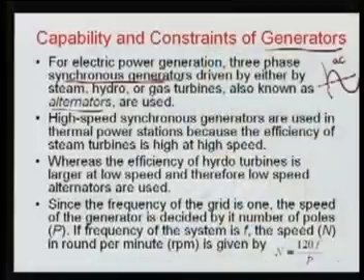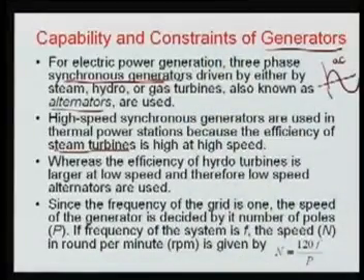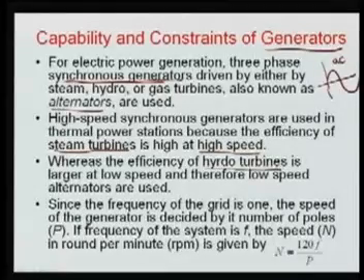The performance is better at low speed. So steam turbines give better performance in terms of efficiency and operation, and then we run at high speed, whereas the efficiency of hydro turbines is larger at low speed, and therefore low speed alternators are used.